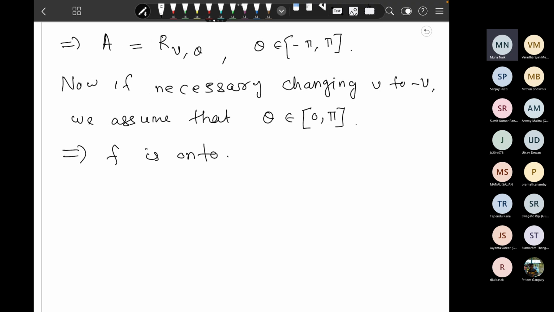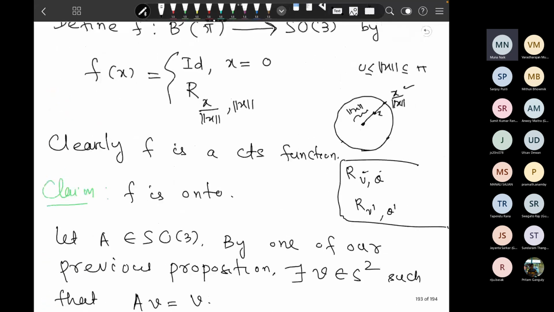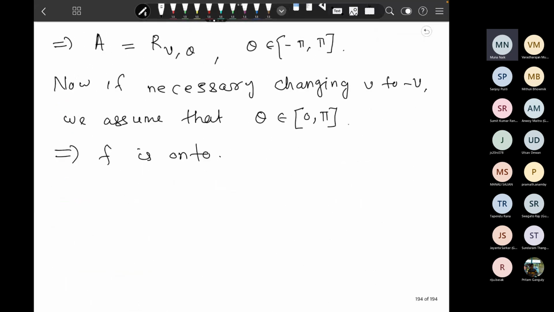Because theta belongs to 0 to pi, let x be equal to theta b.